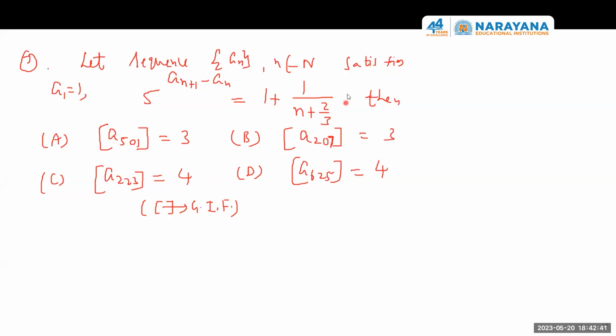I have gotten the final term. An is equal to 2 plus log base 5 of 3n plus 2. Now try to look at the options and tell me which option is correct.